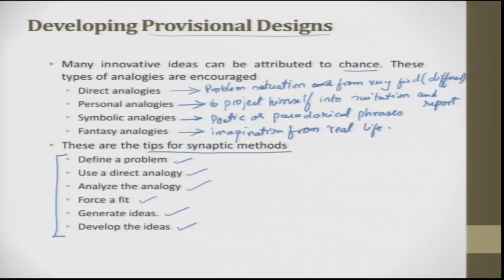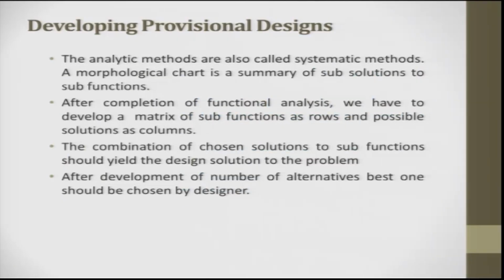Then you try to put all these analogies we just now referred to. Then you analyze the analogies and pick what is required, and then you forcibly fit that with respect to your product. Then you generate conceptual ideas for your product, and then you develop the ideas.